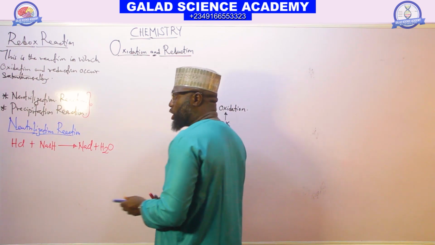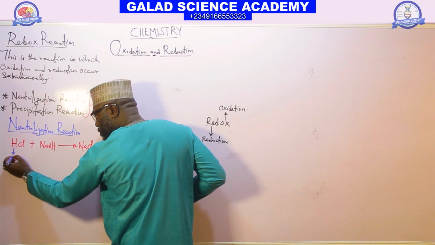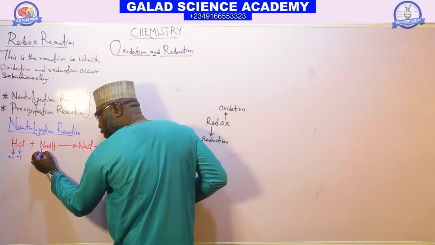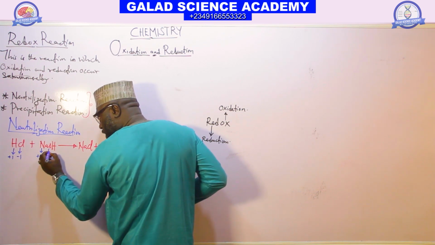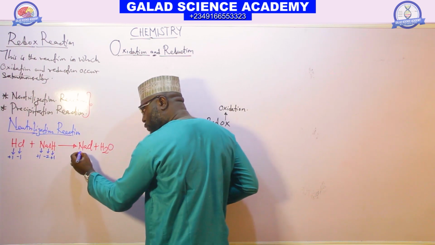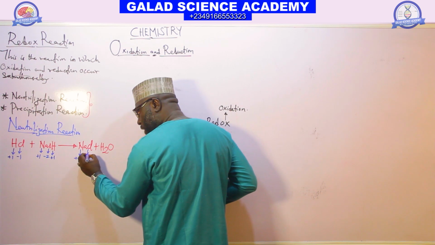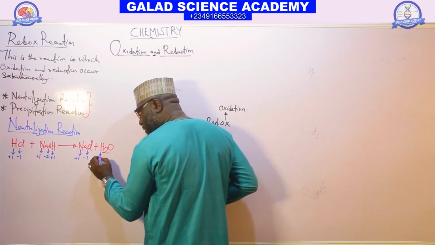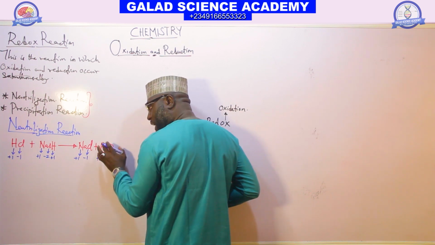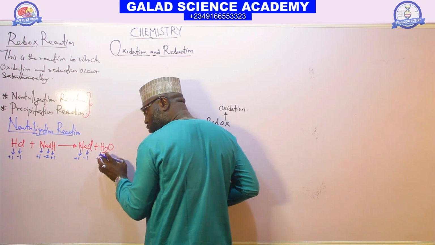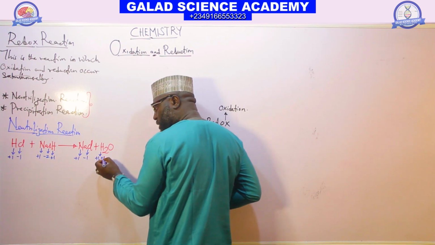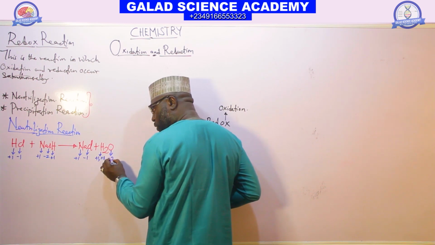From this reaction now, the oxidation number for hydrogen is +1, for chlorine is -1, for sodium is +1, for oxygen is -2, for this hydrogen is +1, for sodium here +1, chlorine is -1. In the water we have here, the hydrogen is +2, which is +1 times 2, since we have two hydrogens here, and this oxygen is -2.